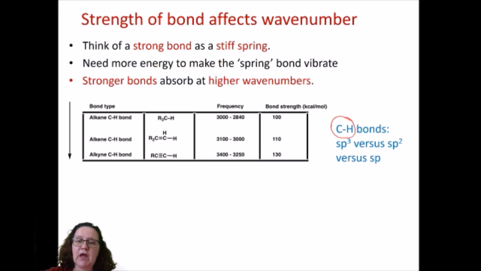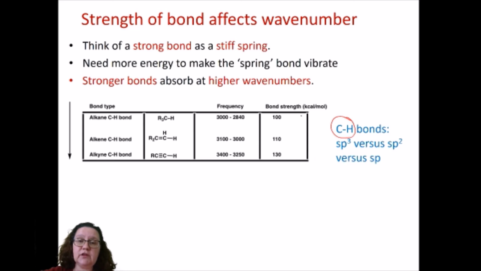The influence of the strength of the bond can also be observed when we look at carbon-hydrogen bonds. And the strength of the bond is different when the carbon making that bond is an sp3 carbon involved only in carbon-carbon single bonds, an sp2 involving carbon-carbon double bonds, or an sp, a carbon involved in a triple bond.